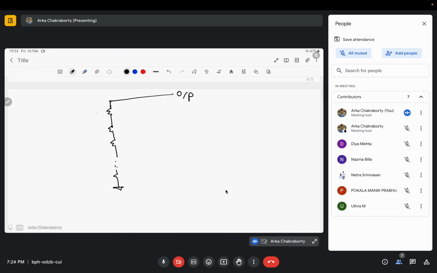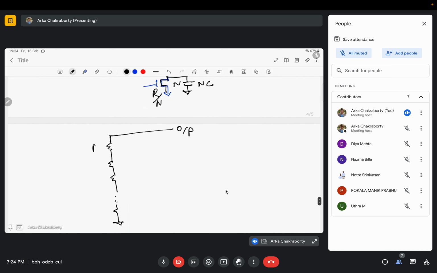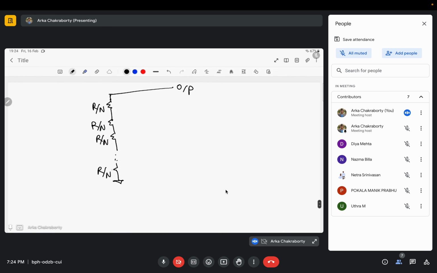So what will be the resistance here? This resistance will be how much? As it has been R by, yes, R by N. So all the resistances would be R by N.